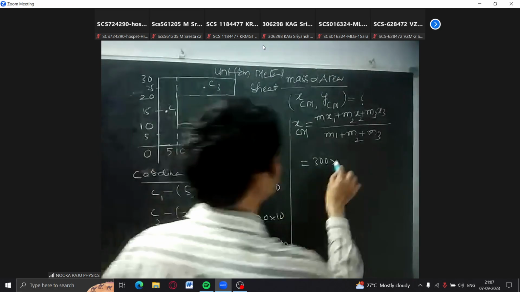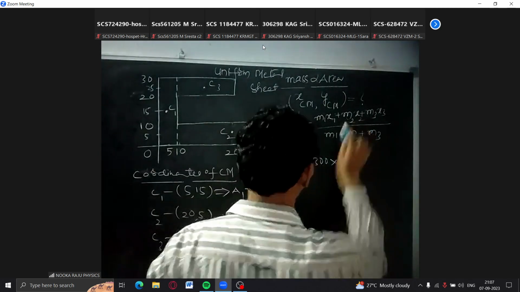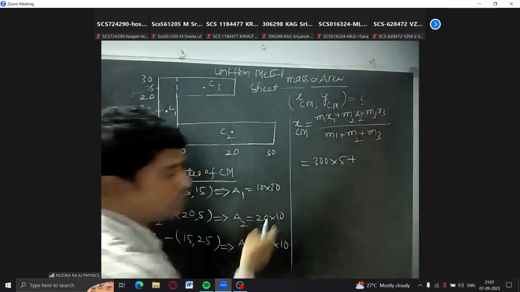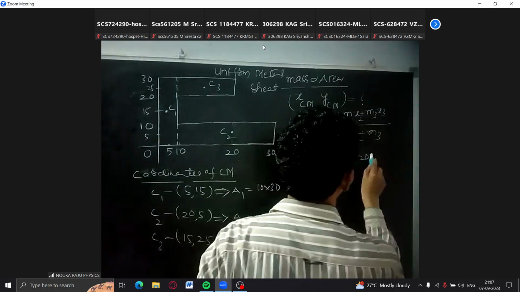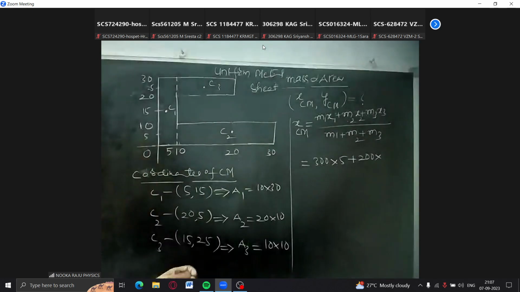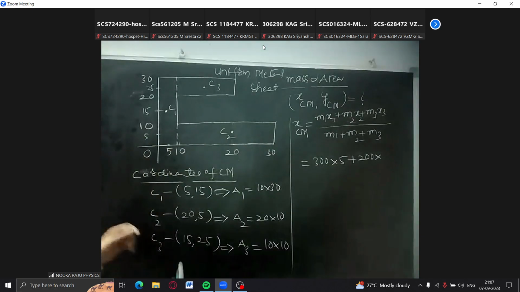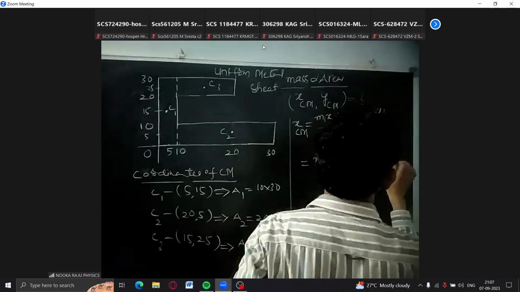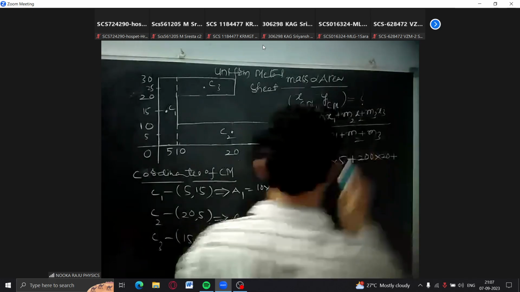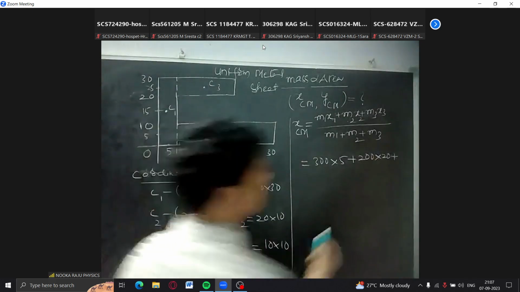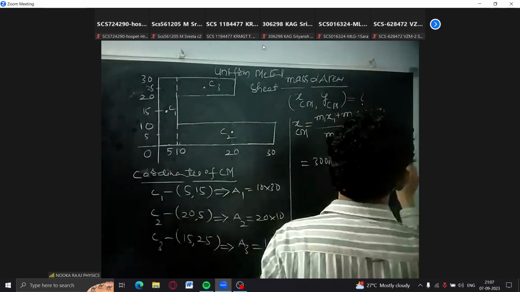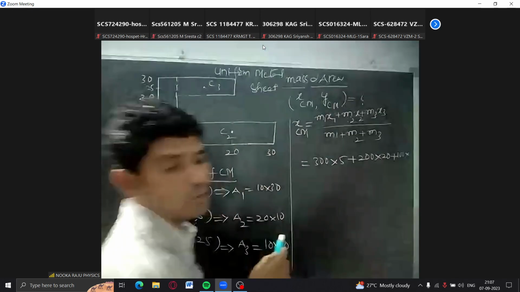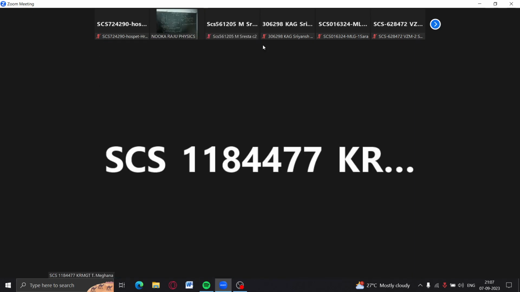X1 is 5, plus what about the M2 value? 20 into 10, 200, into what about the X2 value? X2 is 20. Plus M3, which is nothing but 10 into 10, 100, into what about the X3 value? X3 is 15.